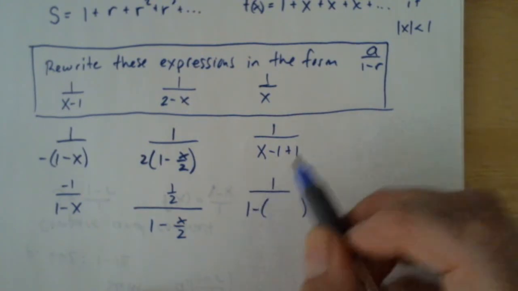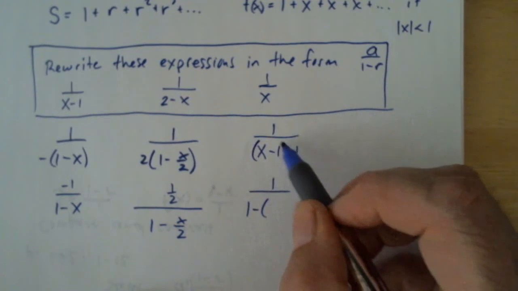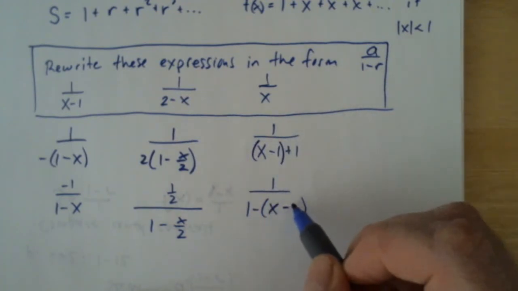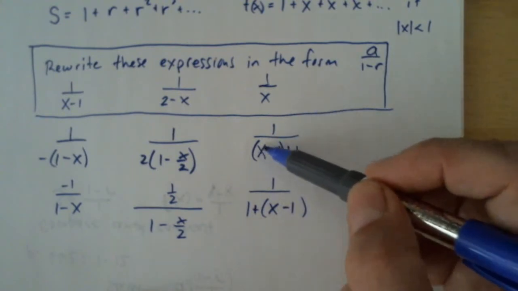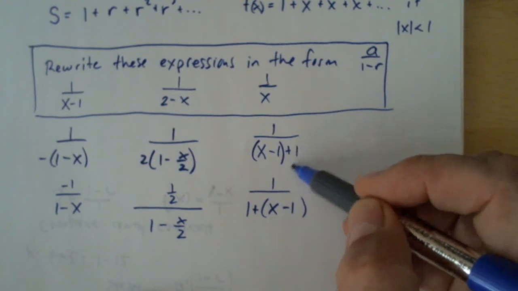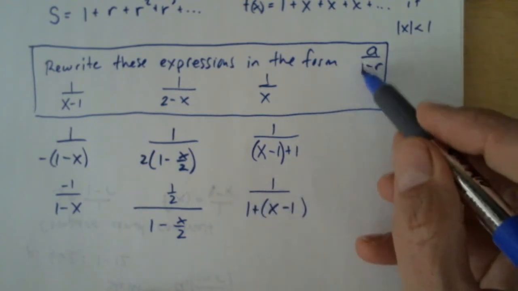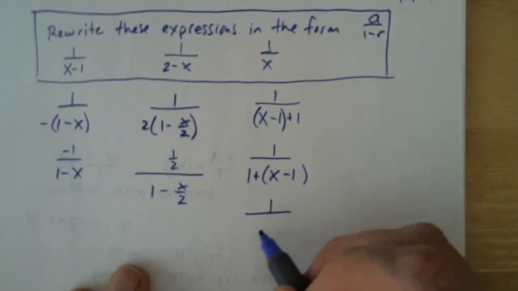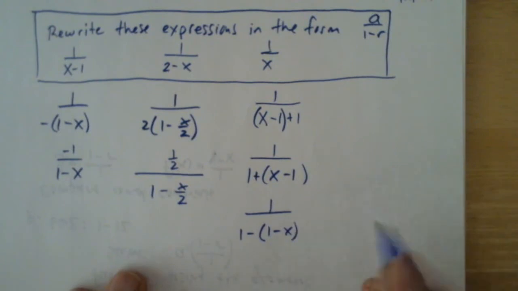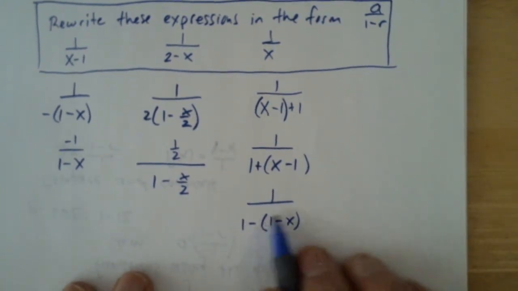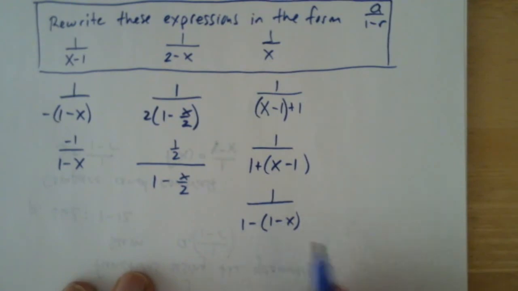So for now, I'm going to look at it like this. So I had x minus 1, and I just moved that 1 in front because I know I want there to be a 1 there. And then we can just factor out a negative. So it's in the right form, 1 minus something with a variable.